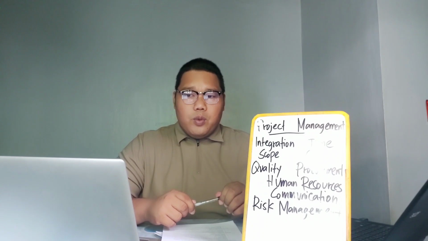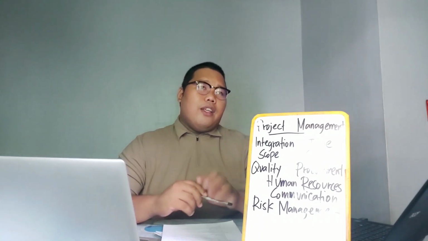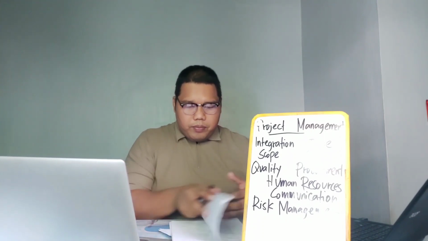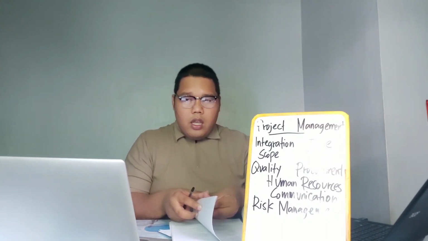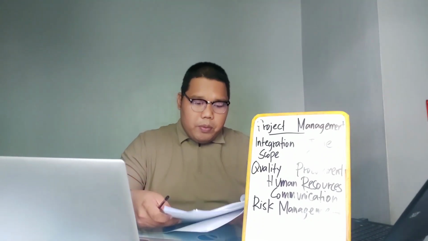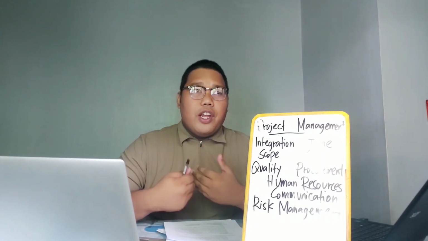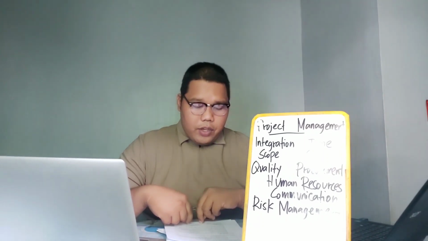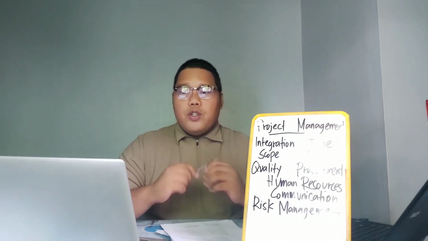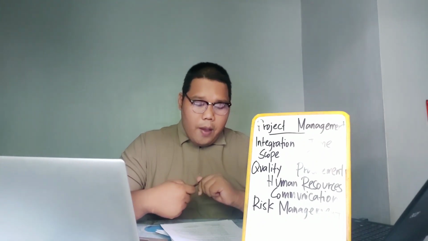So in chapter 2, you can see the role of the manager based on project management areas. For example, in project integration management, the role of the manager is to develop and manage the direction of the project. In scope management, the role of the manager is to plan, to define, and manage the scope of the project.